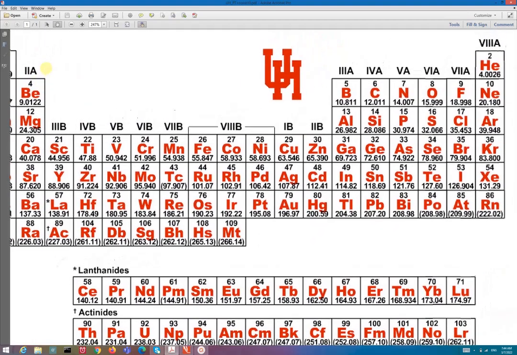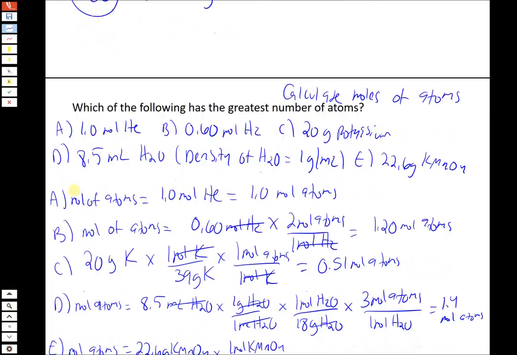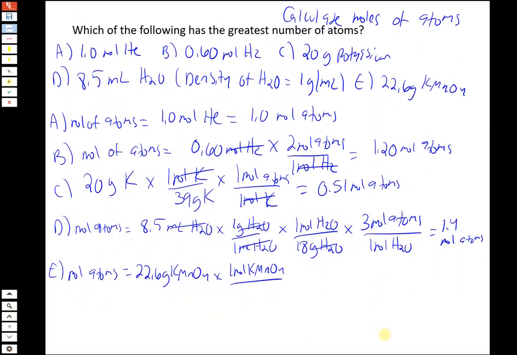So KMnO4, K is 39. We don't need real precise numbers here. Manganese, Mn is 55. And then we have 4 oxygens, which is 4 times 16. So the molar mass of KMnO4 is about 158.